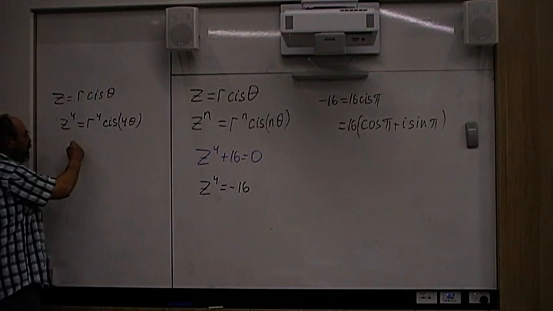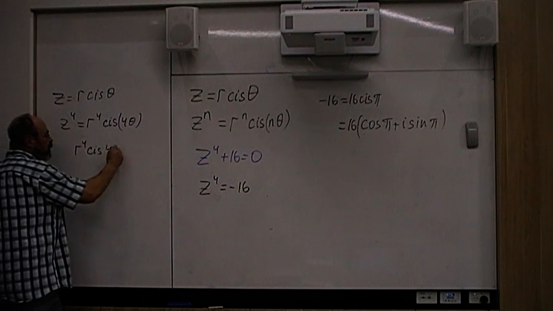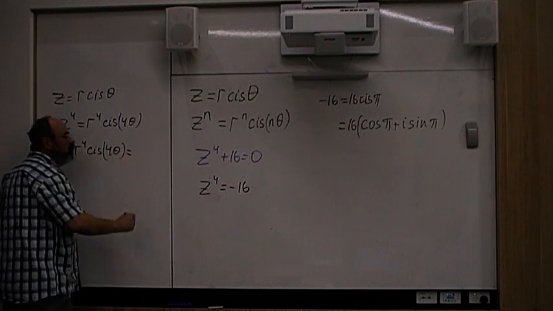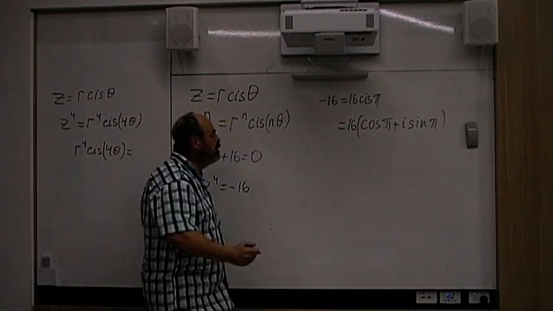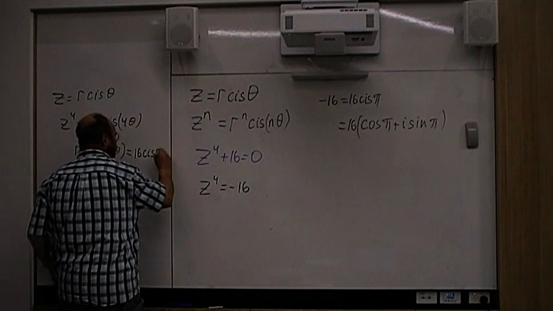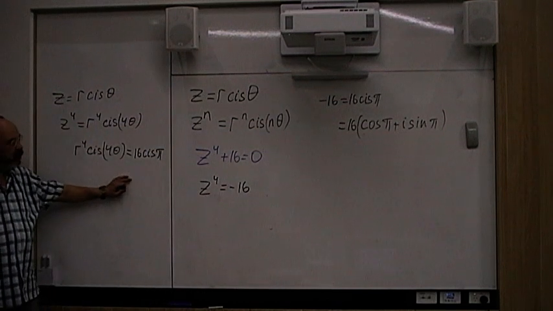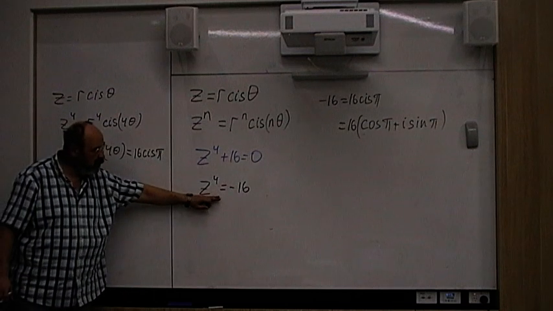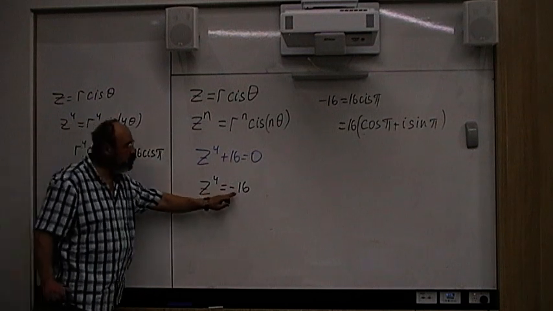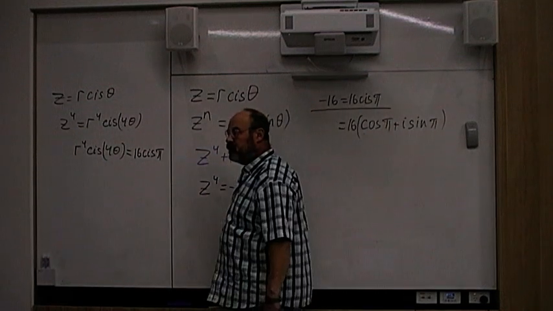So we can write r to the power of 4 cis 4 theta equals 16 cis pi. Make sense? How did we get this? We are solving z to the power 4 equals negative 16. We turn negative 16 into the polar form, this 16 cis pi.